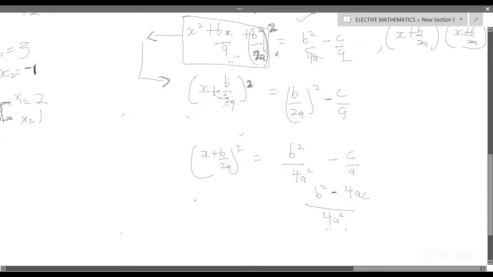So now, then we have our x plus b over 2a all squared equals to b squared minus 4ac over 4a squared.